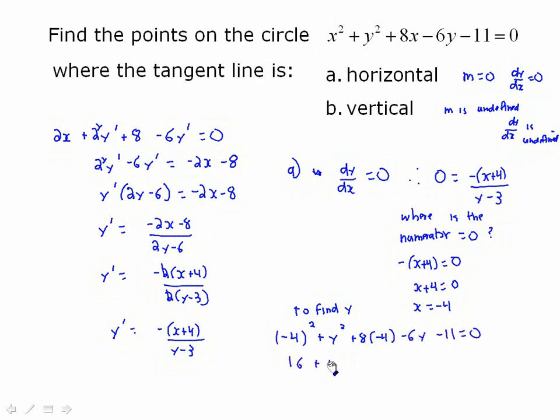So 16 plus y squared minus 32 minus 6y minus 11 is equal to 0. And you'll get y squared minus 6y. Get all your numbers together. Minus 16 minus 11 is minus 27 is equal to 0. And then when you factor that, you'll get y minus 9 times y plus 3.